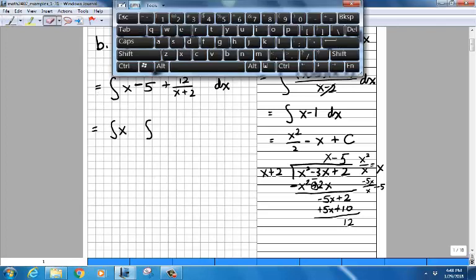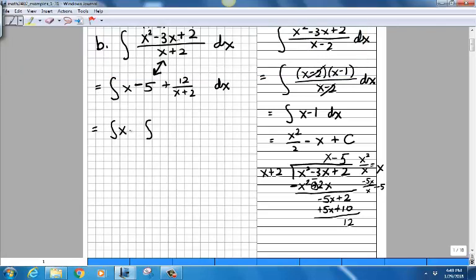So I have the antiderivative of x dx minus the antiderivative of 5 dx, and then plus the antiderivative of 12 over x plus 2. And these first two antiderivatives are so easy to find, you can just use the power rule in both cases. So the antiderivative of x, of course, is x squared over 2. The antiderivative of 5 is 5x.